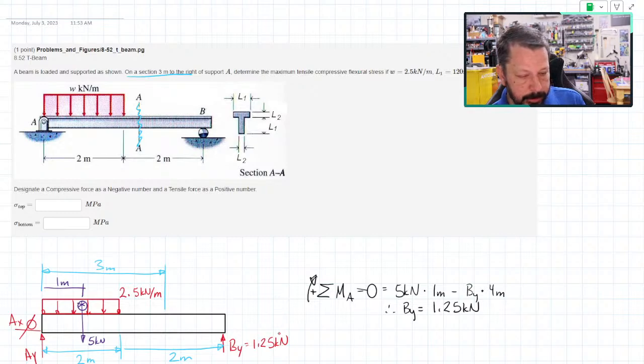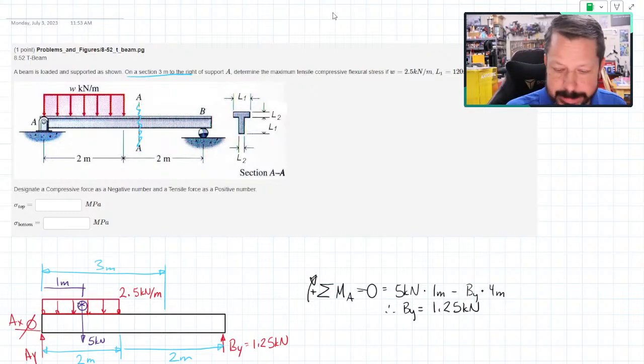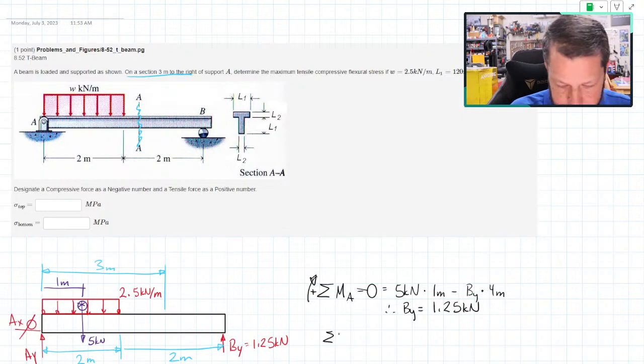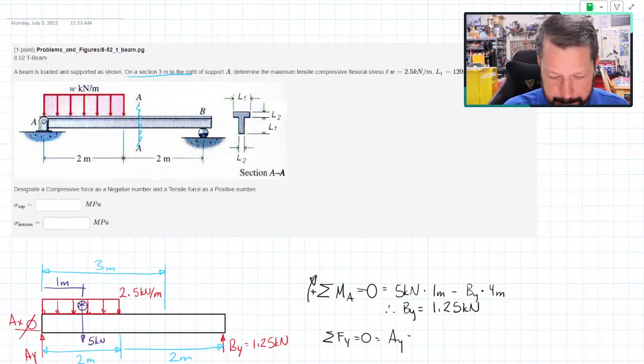So let's just do summation of forces in the Y just to get AY, although if I was doing the direct method, I wouldn't need it. But let's go ahead and get it since I'm going to do both methods. So I've got AY minus 5 kilonewtons plus 1.25 kilonewtons equals 0.